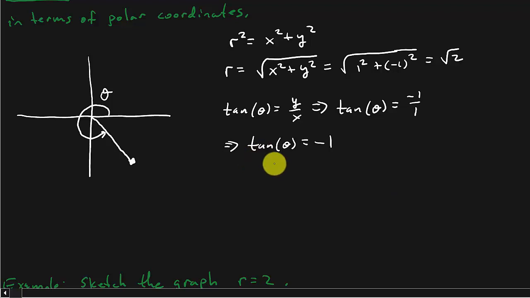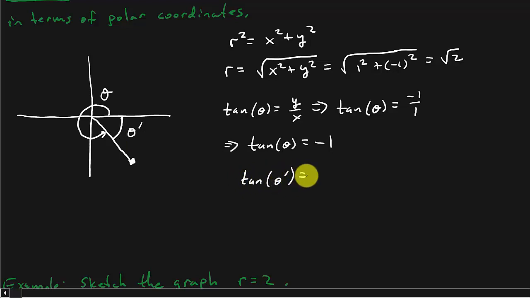All right, so let's look at this. We have tangent theta equals -1. In order to get theta here, I need the reference angle, right? You remember reference angles? So I've got tangent theta prime.